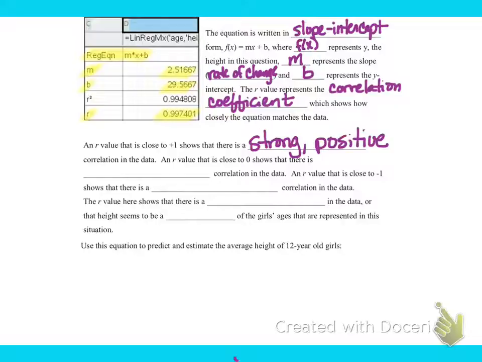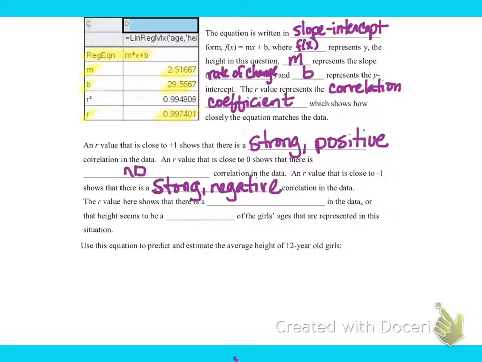So an r value that is close to positive 1 shows that there is a strong positive correlation to the data. An r value that is close to 0 shows that there is no correlation in the data. And an r value that is close to negative 1 shows that there is a strong negative correlation in the data.